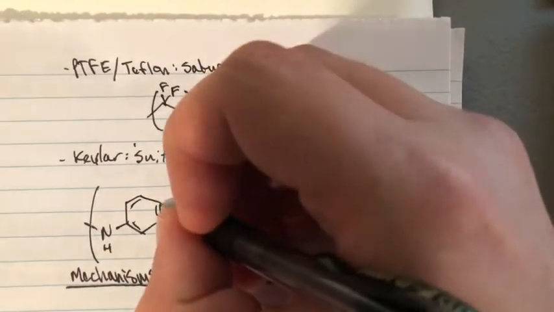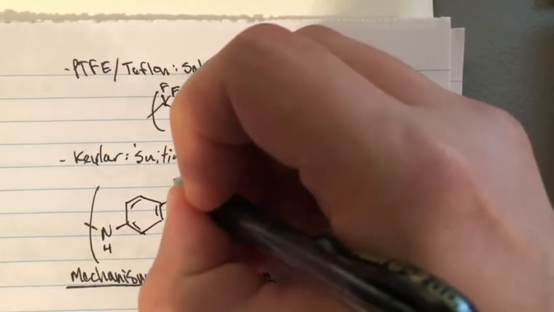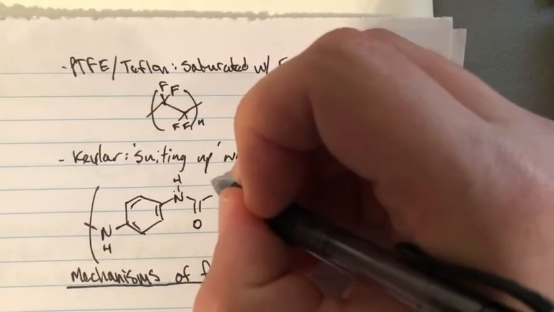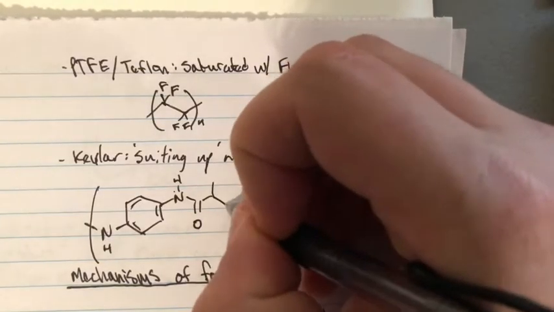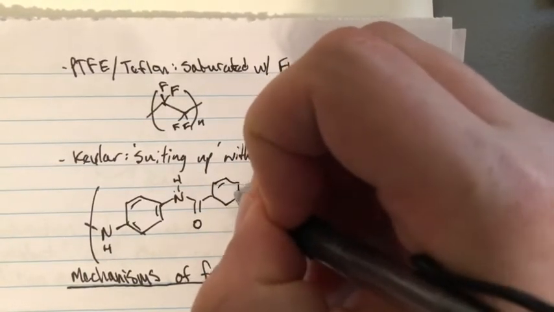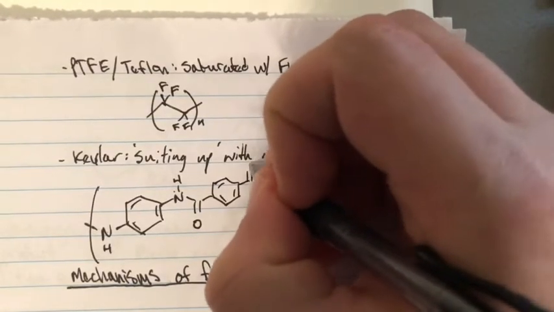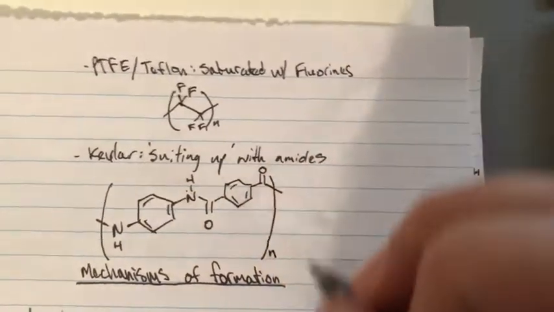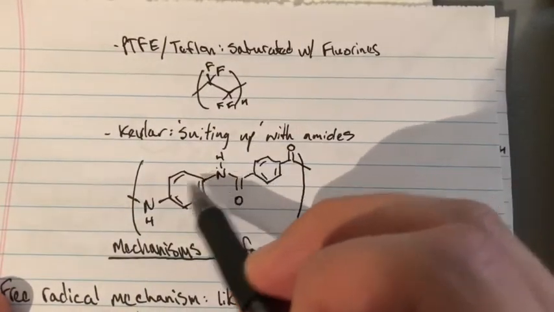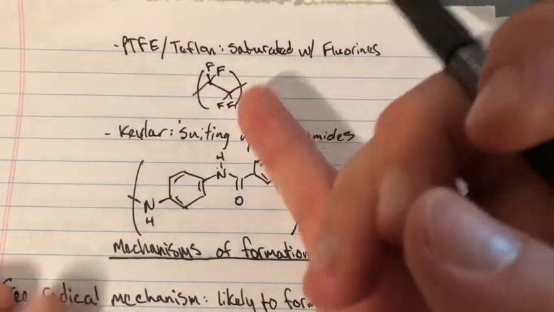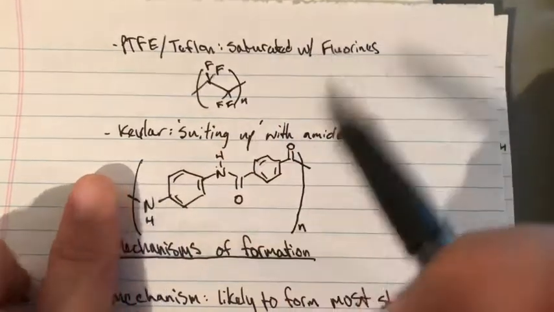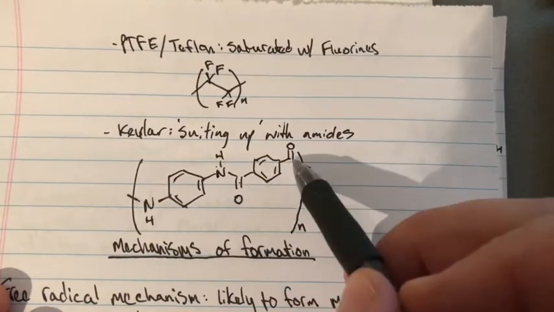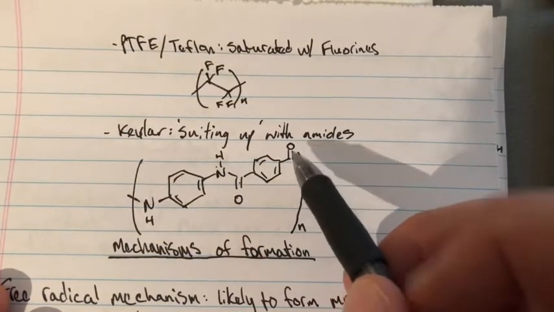Nonetheless, have this repeating unit you see right here. Okay, so in other words, really the repeating unit that you would see is, notice how there's two N groups and then there's two, what do you call that?